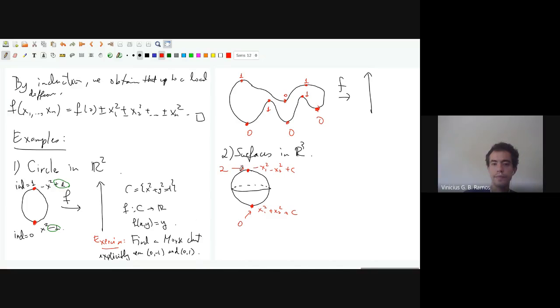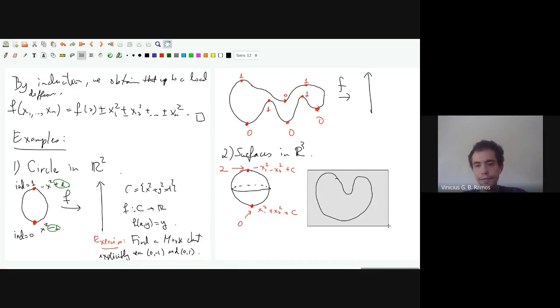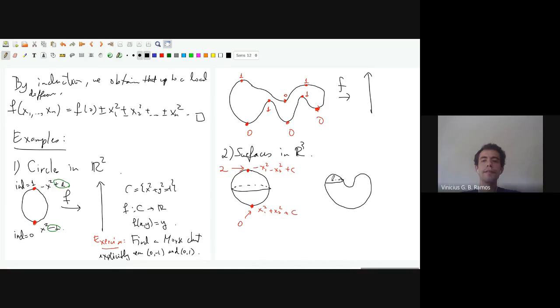Okay. So let's think of a different embedding of the sphere. This is called the heart Morse function. This is another embedding of this sphere into R3.